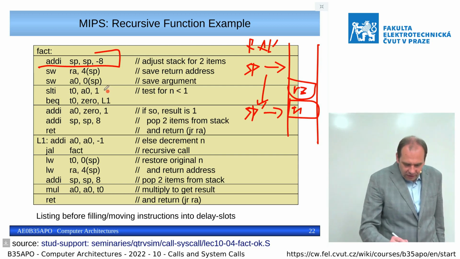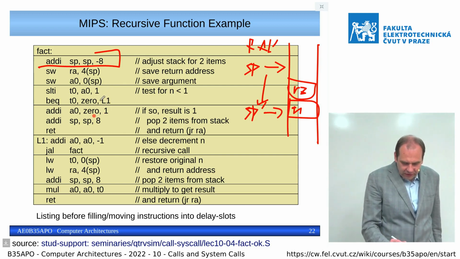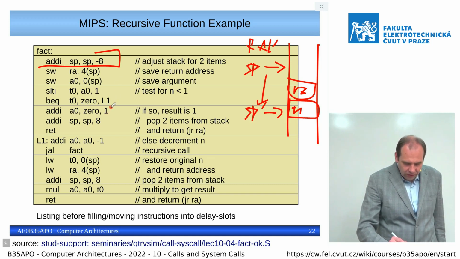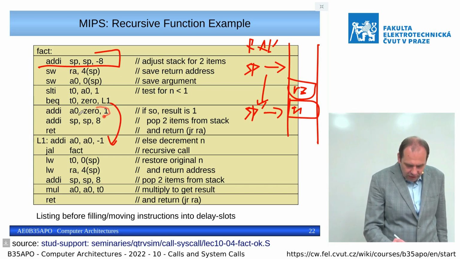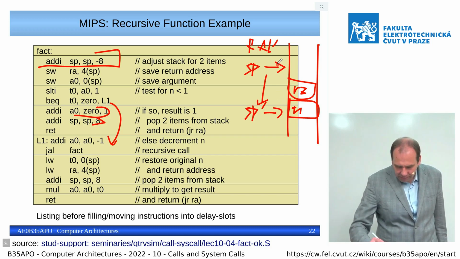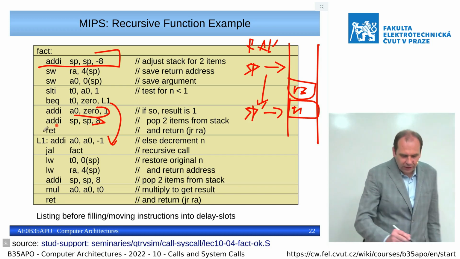And we check if it is smaller than 1. If it is not, then we branch here. If it is smaller, then we set 1 to A0, return the stack back to the previous location, and return.